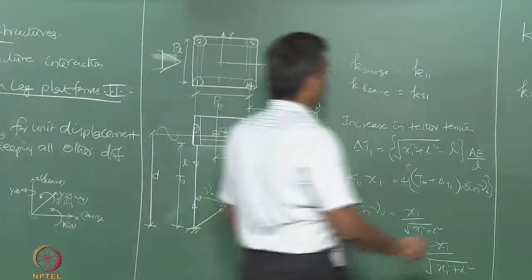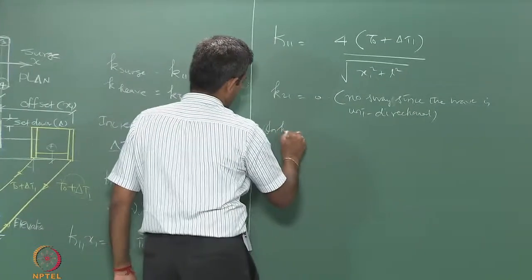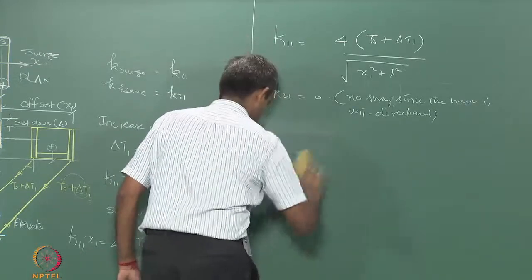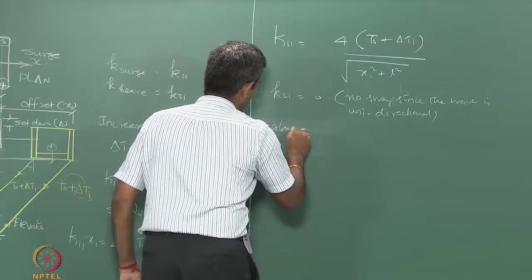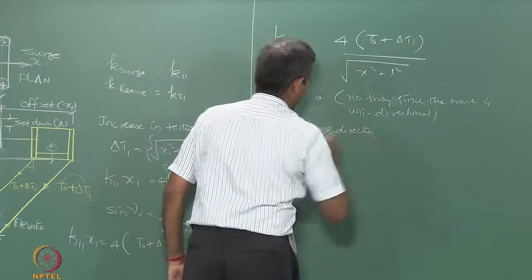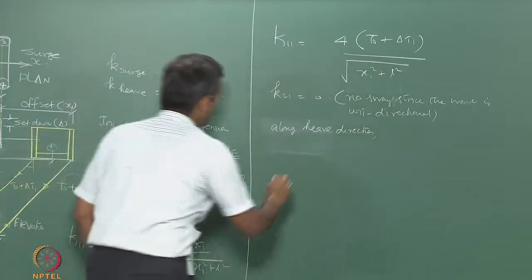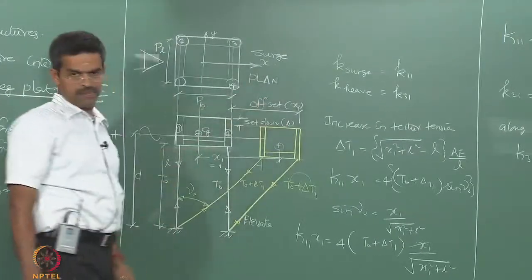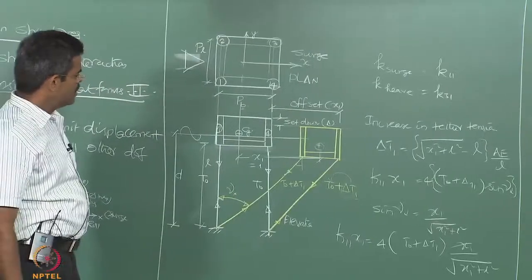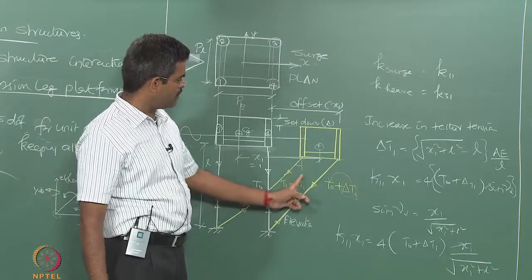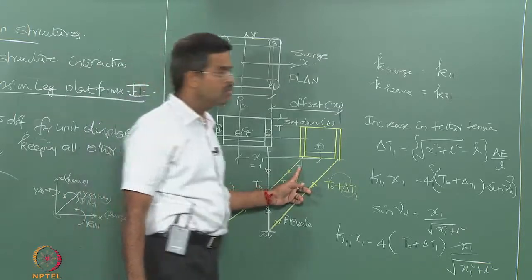So I should say along the heave direction, K31 multiplied by delta, because that is the set down effect we have here, that is the displacement. Now this should have a component resolved in the vertical axis, which is going to be cos of this angle.